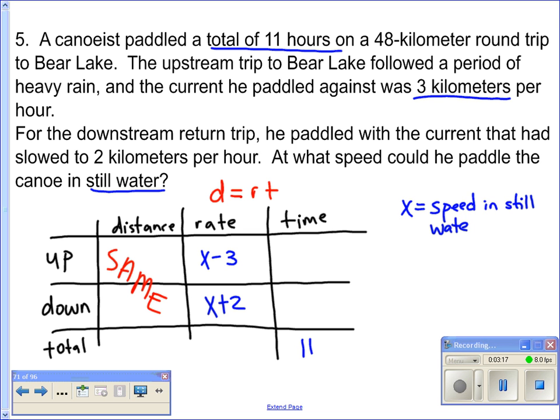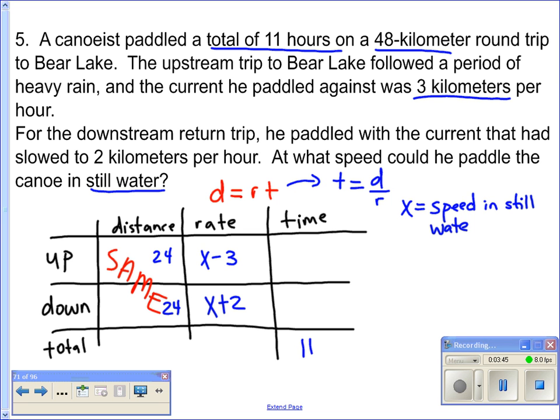And then we need to fill in a little more information in order to be able to work this out. So we're going to think about another version of this. Let's see, we have 48 kilometers. So since the distance is the same, we know we were going 24 and 24, right? Now, to fill in that time slot, we're going to think about another version of this formula, which is that time is equal to the distance divided by the rate.